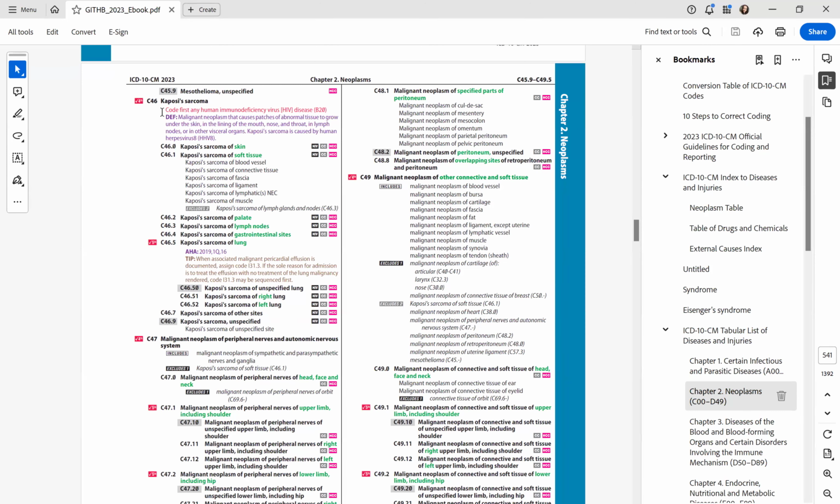And then important note right here in red, so we're going to pay special attention to that code. First, any human immunodeficiency virus first, which is the B20, as we talked about.